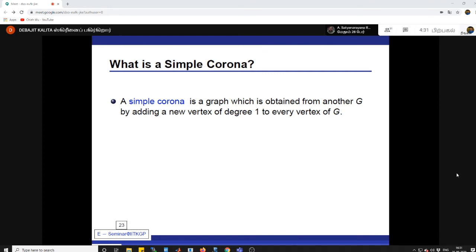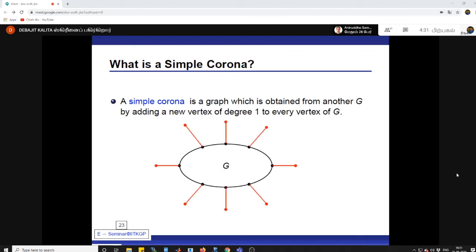A simple corona is a graph obtained from another graph Z by adding a new pendant vertex, meaning a degree 1 vertex, to every vertex of the graph Z. Let us take an example. This is a graph G, and from Z we add to each vertex a degree 1 vertex, and the resulting graph is called a simple corona.